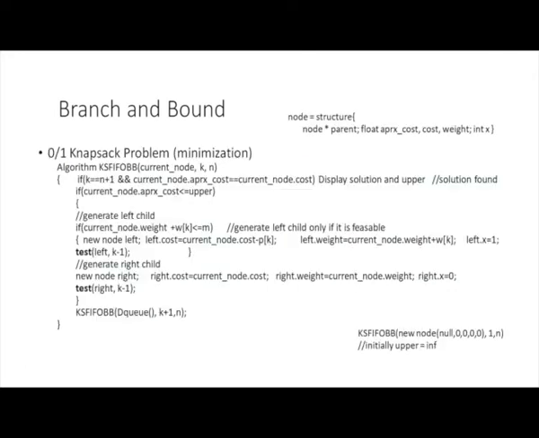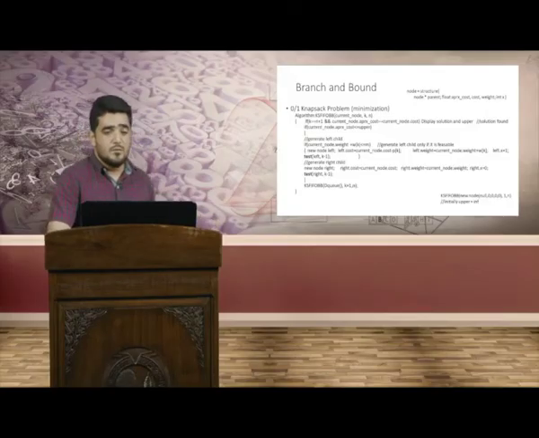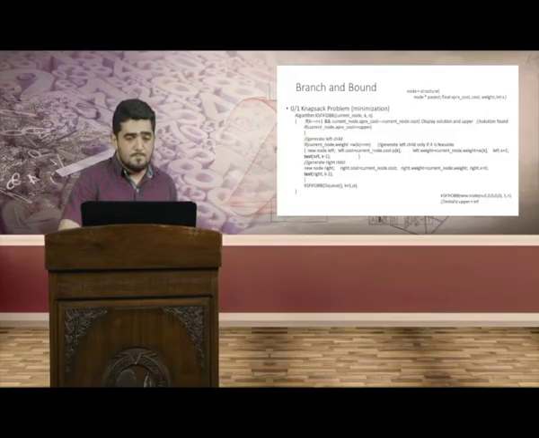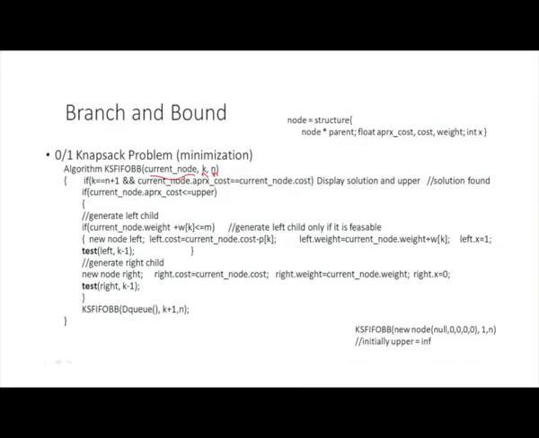So the final algorithm using a branch and bound strategy for solving the zero one knapsack problem would be something like this. It takes a node from where we are starting, the level at which we are, and the number of items that we have as input. This function is initially called by creating a new node. Now this node has these members, as you can see.